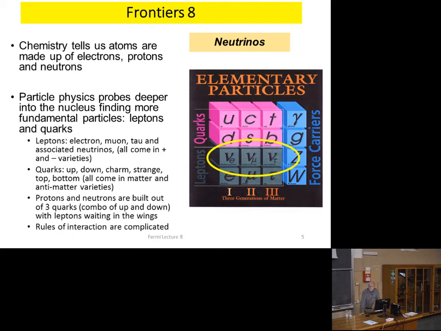Last time we showed you the discovery of the Z and the W boson, which described the weak force. Gravity's, of course, much weaker than any of these. And we also talked about the Higgs, which is responsible for mass.